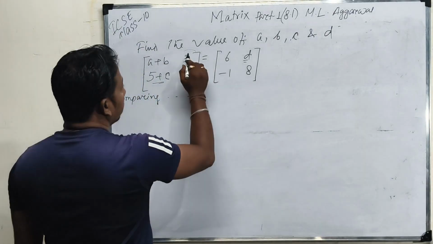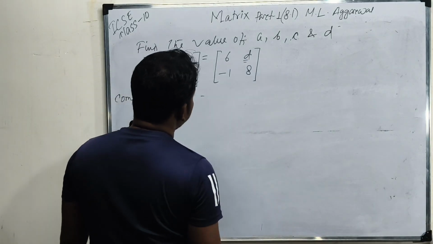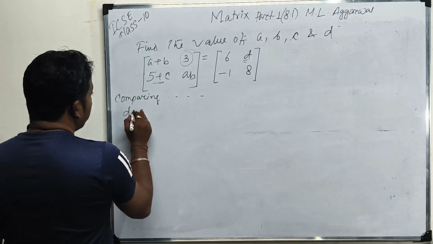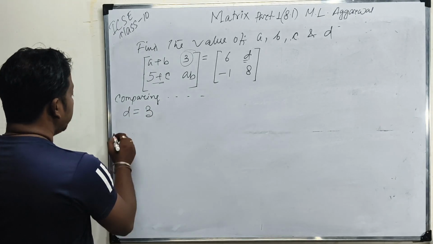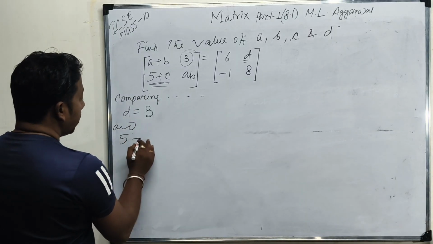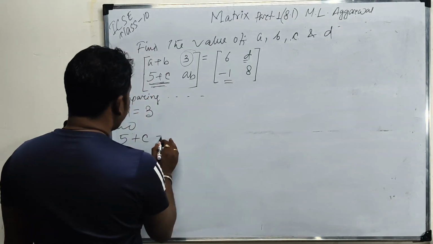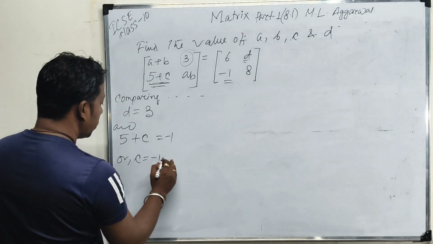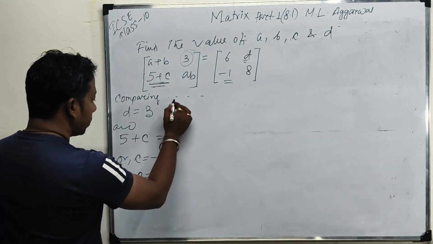The position of the 3 is 1 2, and here also the d position is 1 2. So we can write d equals 3, and 5 plus c, the position is 2 1, here the position is 2 1, equals minus 1, or c equals minus 1 minus 5, or c equals minus 6.